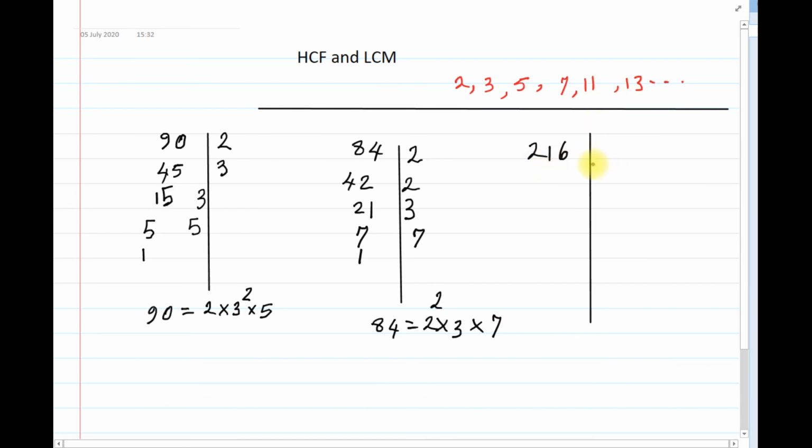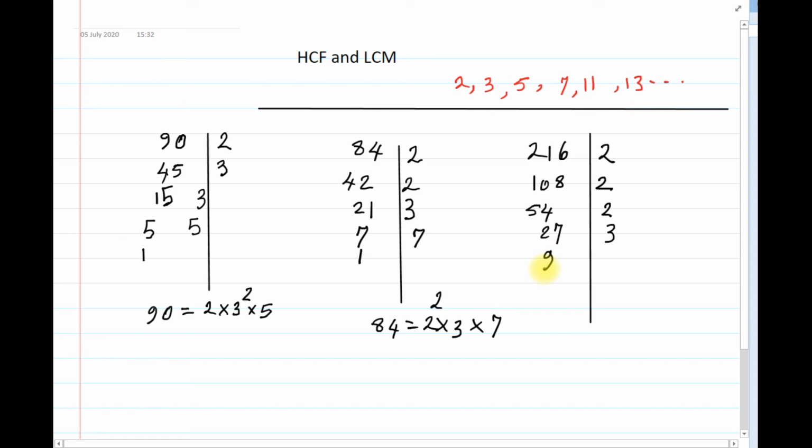Now we come to 216. It is an even number. It divides by 2. It becomes, I think, 108. 108 divided by 2, because it's an even number, becomes 54. 54 is an even number, can be divided by 2. That gets 27. 27, 7 and 2 are 9, can be divided by 3.